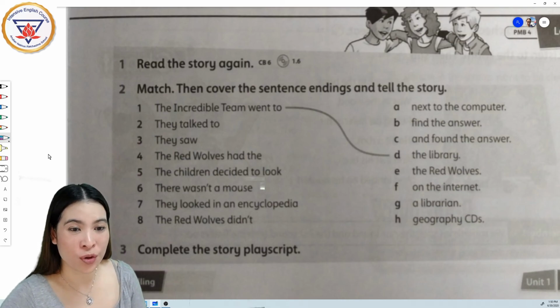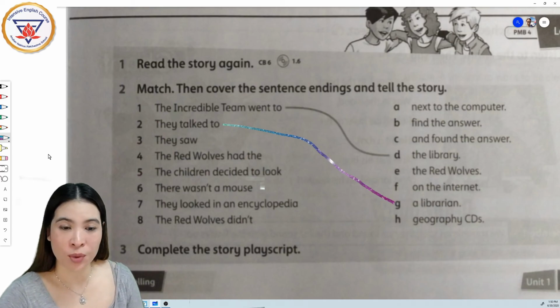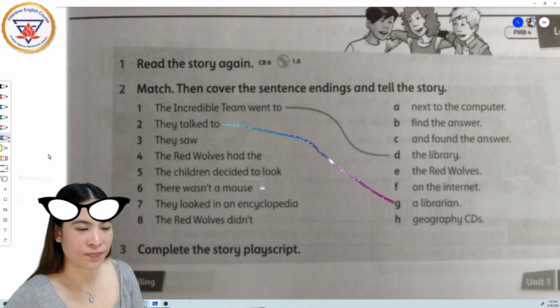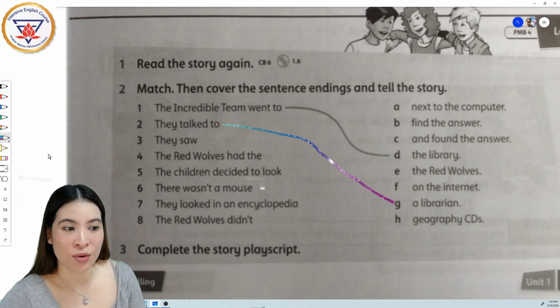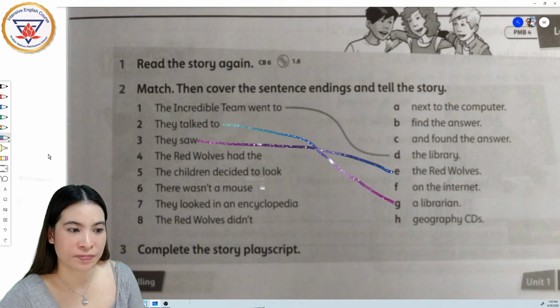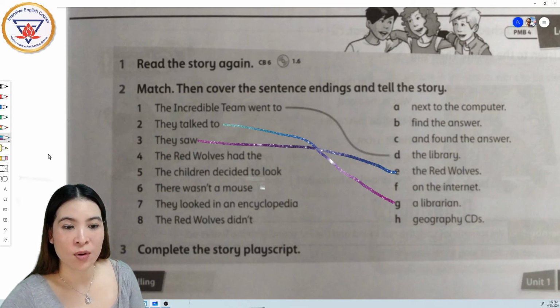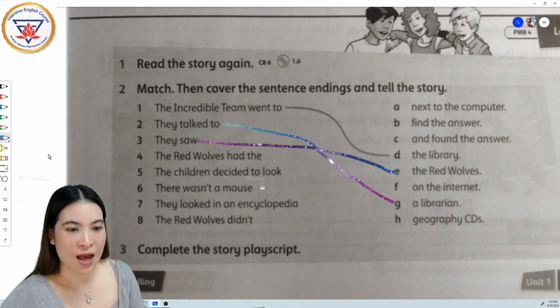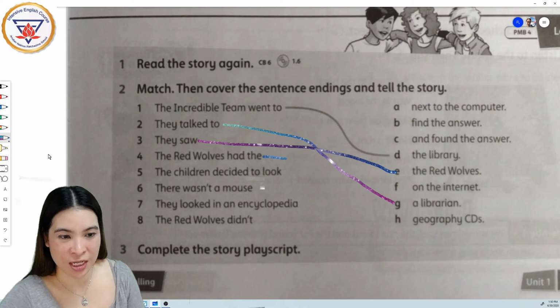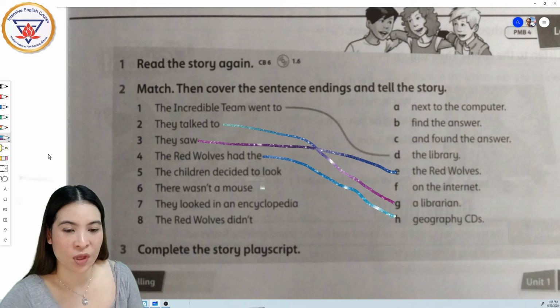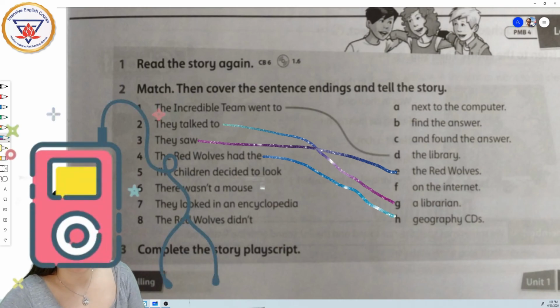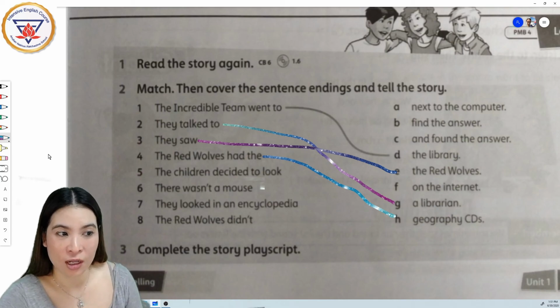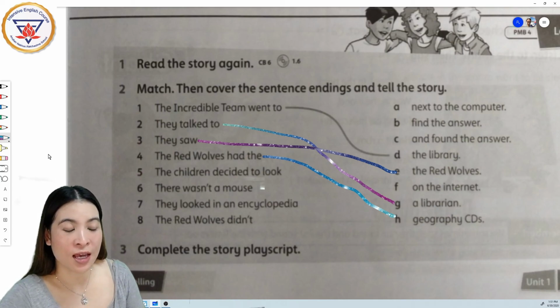They talked to a librarian. Number 3, they saw. What did they see? They saw the red wolves. Number 4, the red wolves had the geography CDs. The children decided to look on the internet.